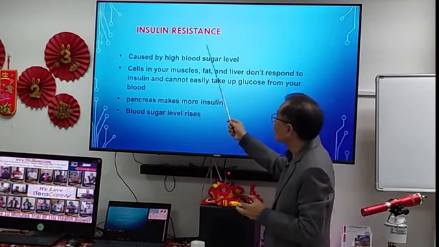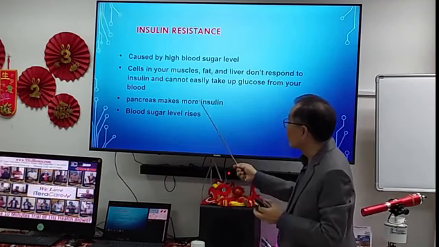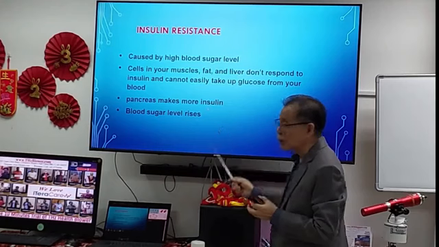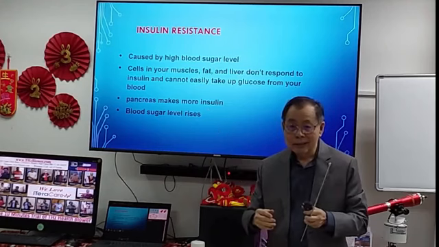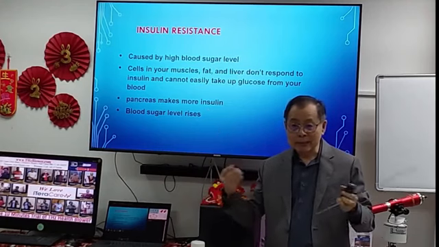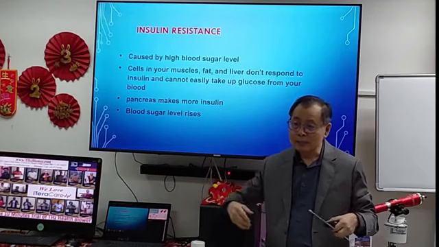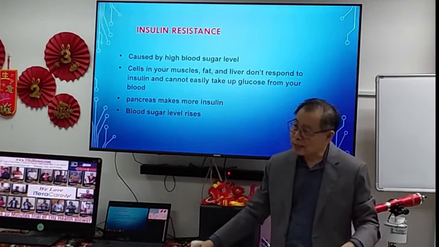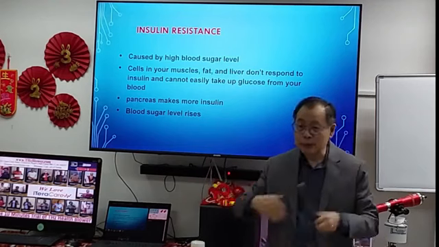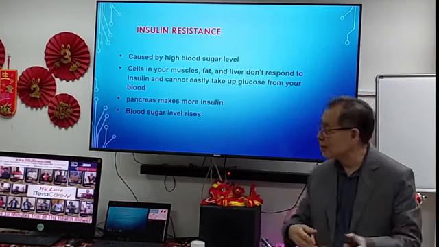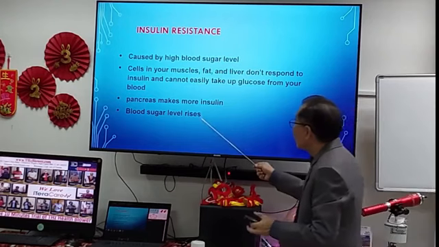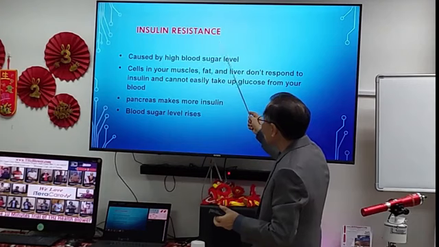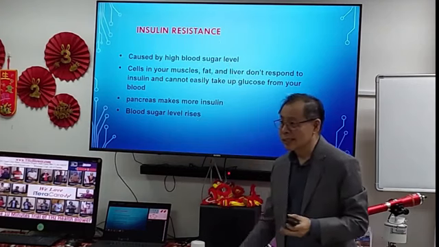So when blood sugar is high, what happens? Your pancreas makes more insulin because it's out of control. The pancreas is the organ that produces insulin to control your sugar. So if the sugar is out of control, you will produce more insulin in an attempt to control it. And because there's insulin resistance, your blood sugar rises.